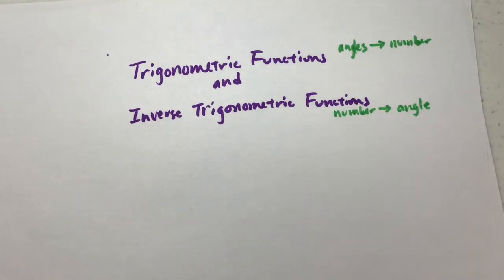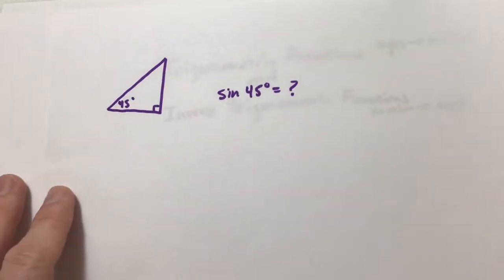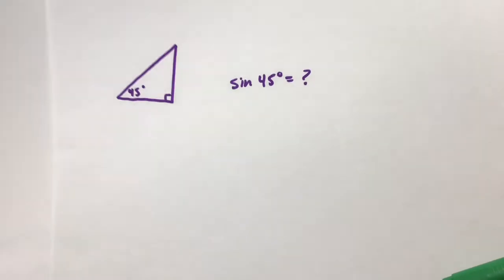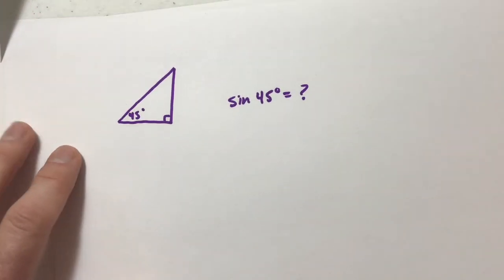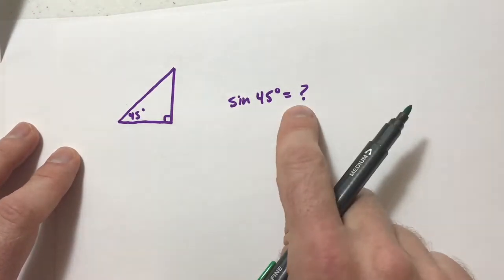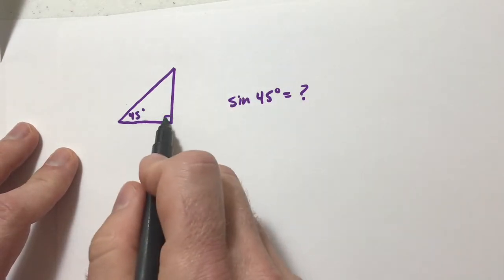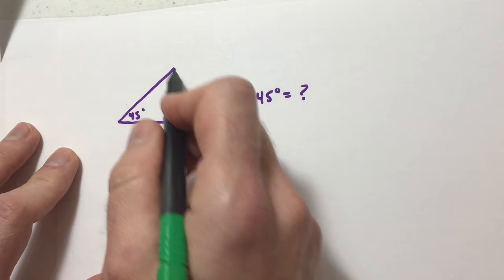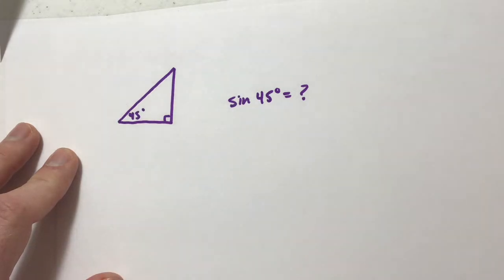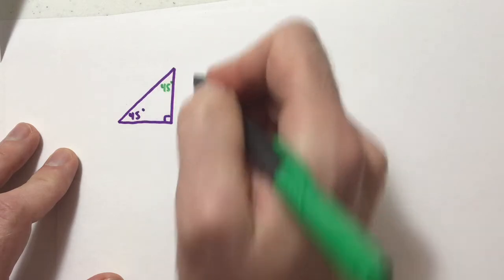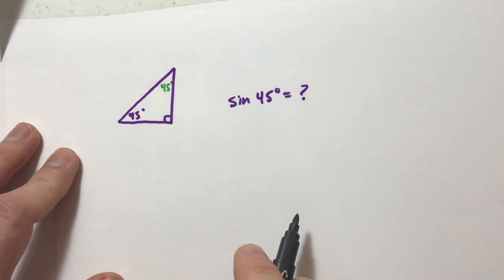So, for example, looking at a trigonometric function here, where I've got a right triangle with a 45-degree angle, and I'm asking what's the sine of 45 degrees. Well, here we've got a 90 degree, a 45 degree, and knowing that the sum of the angles in a triangle has to equal 180, it turns out that that is 45 degrees.